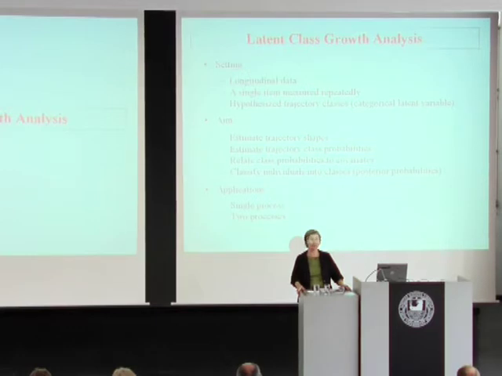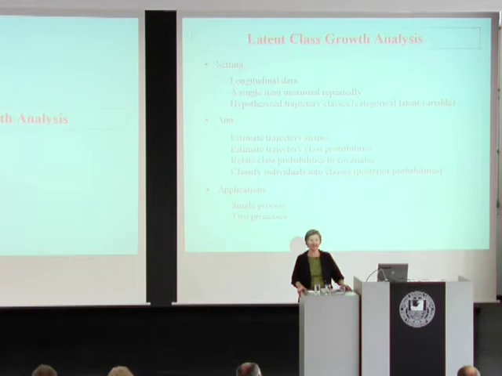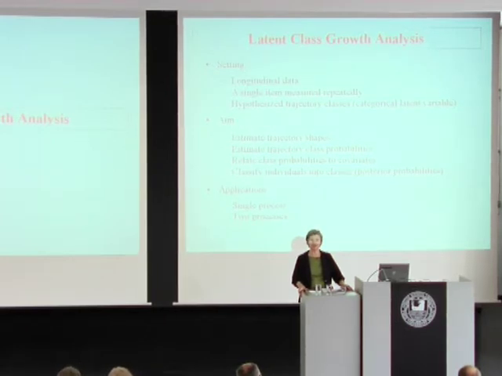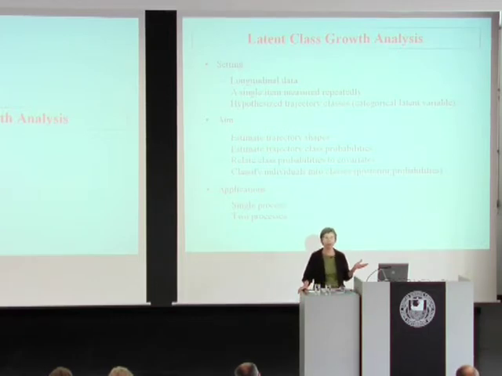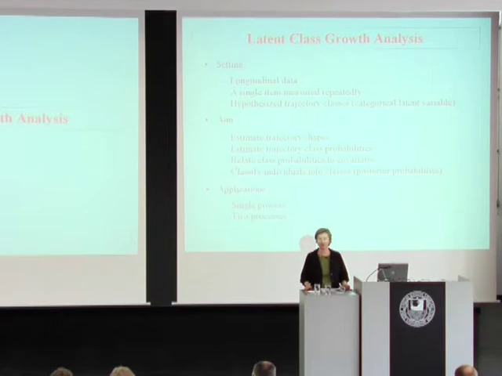As we saw yesterday, we had different classes of people, not over time, but they differed in how they looked on a profile of a set of variables measured at the same time. Yesterday was cross-sectional, today is longitudinal. So we're transitioning to this latent class growth analysis, referred to as LCGA, and it's a longitudinal analysis.